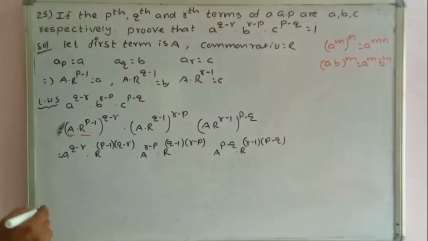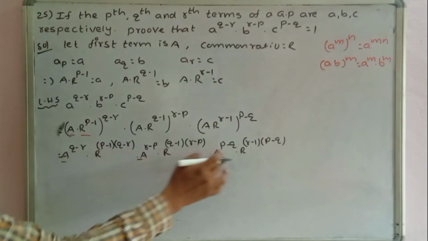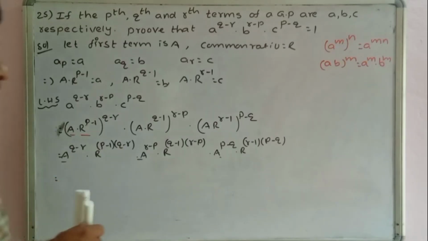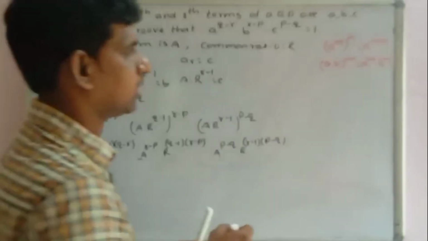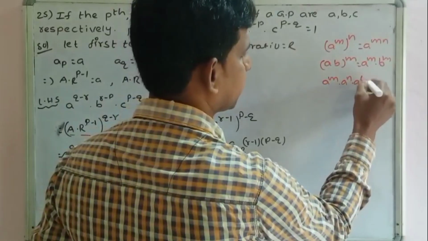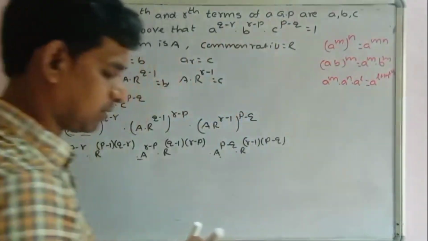Okay. Now see, here A is there, 3 A's are there, so the bases are same. Bases are same means exponents are added. So the formula is A power m into A power n into A power l equals A power l plus m plus n.